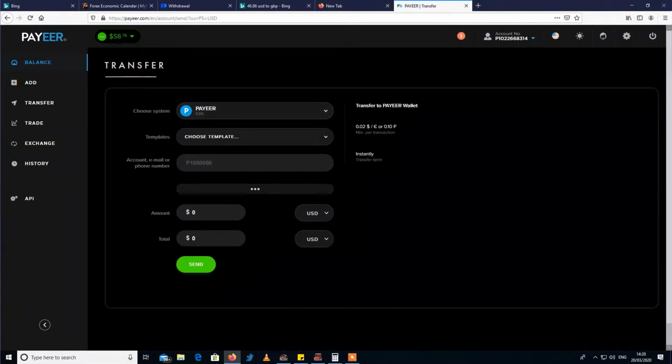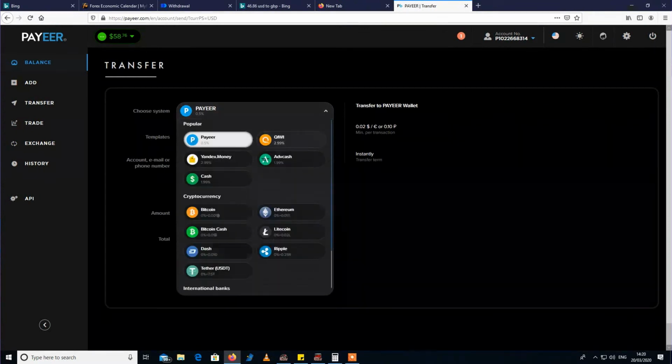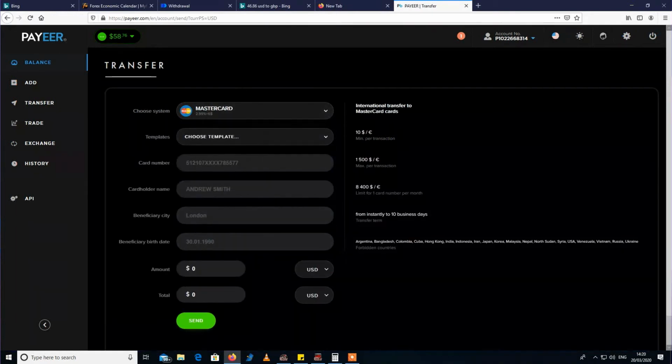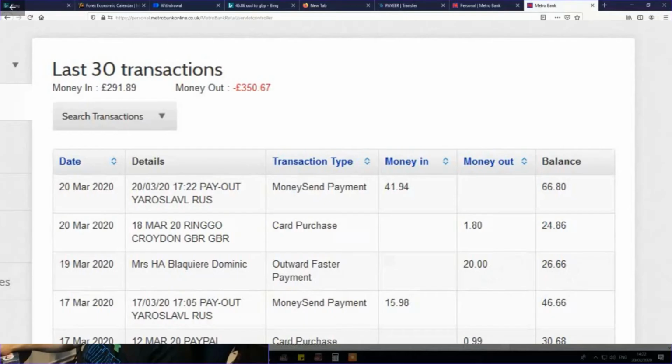As you can see, the transaction is now successful, which is great. I then logged into my Metrobank account to confirm. The top one, the 20th of March payout for 41.94, is what I got back, and a bit lower is the 15.98 that I got the other day when I withdrew again. It's the same reference. So there you have it, I know it's working.